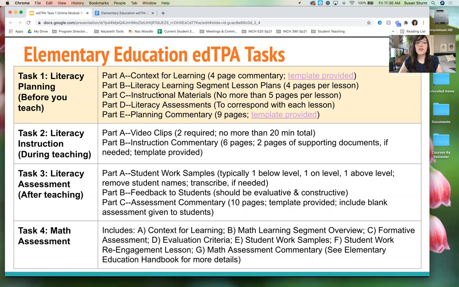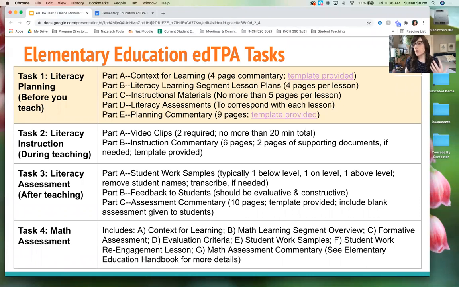Part B are your literacy learning segment lesson plans. And for your edTPA, this is just the lesson plans, not the instructional materials. All of those, confusingly enough, go into a separate file. Your lesson plans should not be any longer than 4 pages per lesson.